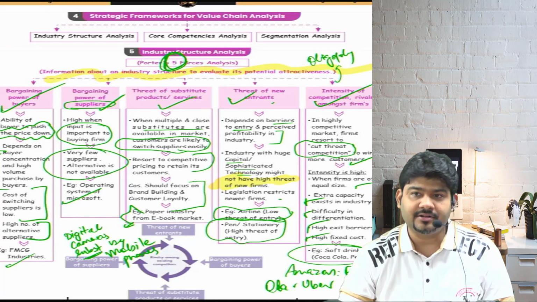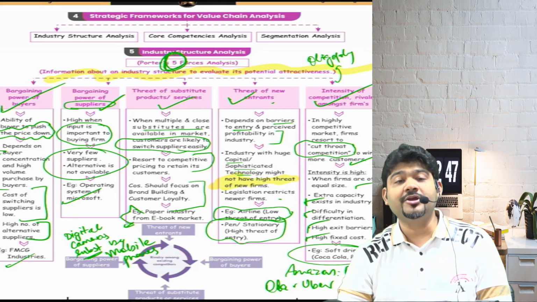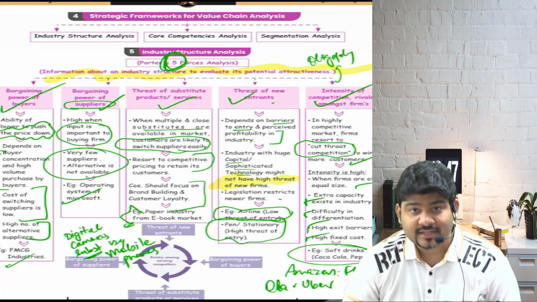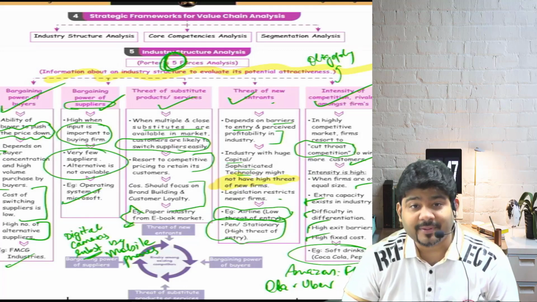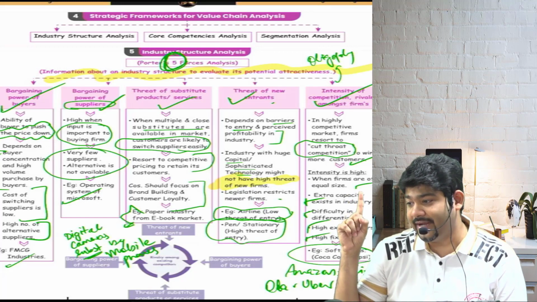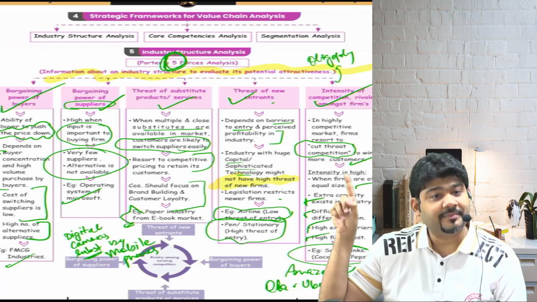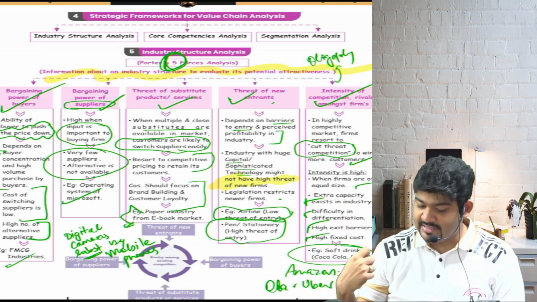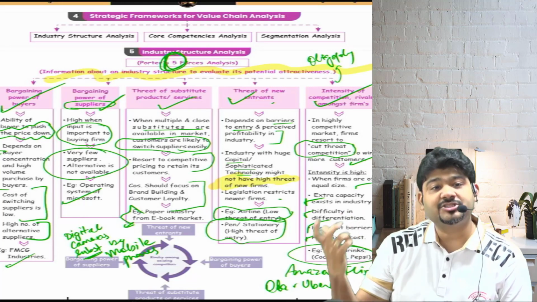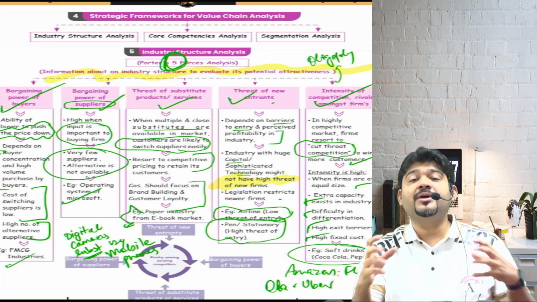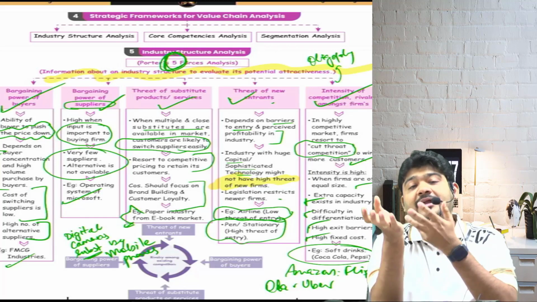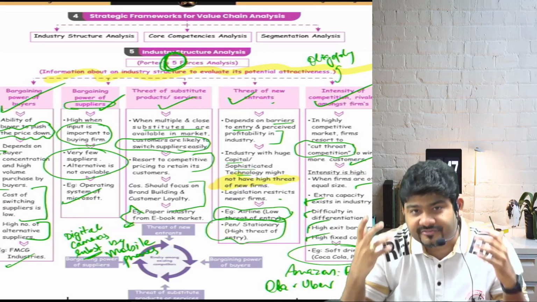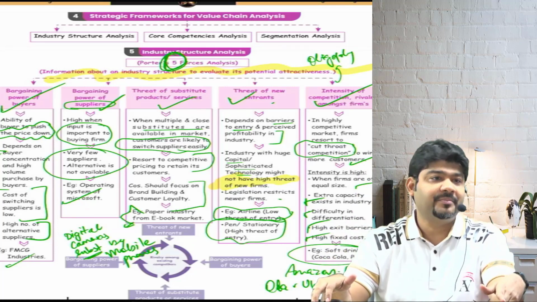If the industry you are entering is an oligopoly industry, where two or three dominating players are there, then you will have to check whether extra capacity exists in the industry or not, what differentiation we are going to bring compared to firms of equal size, and whether it is going to be a high fixed overhead business which may make it difficult for me to exit the industry. All of these will have to be checked in the fifth point, which is intensity of competition.